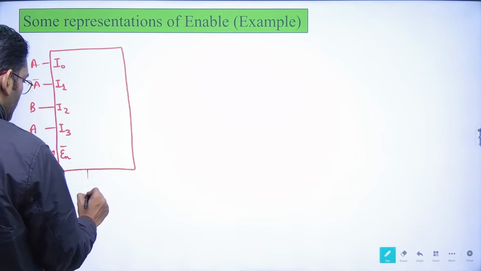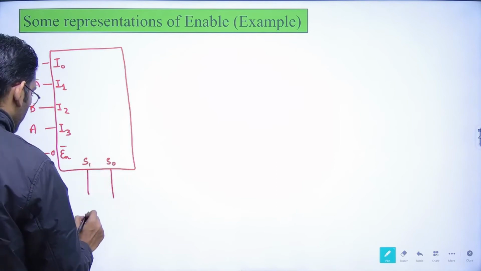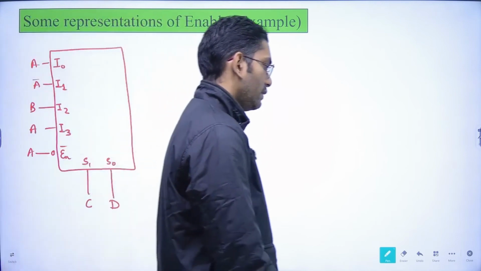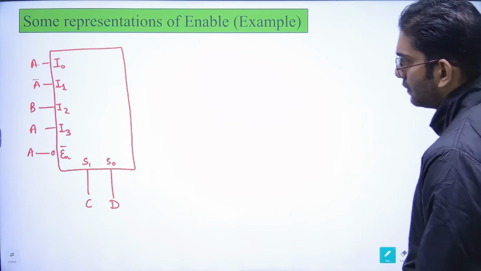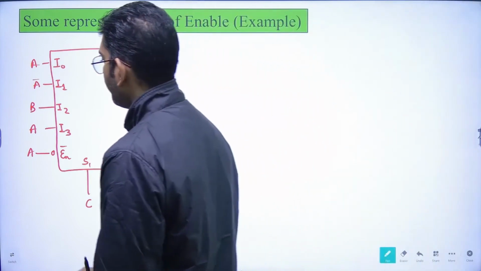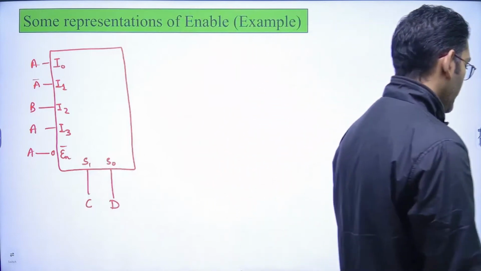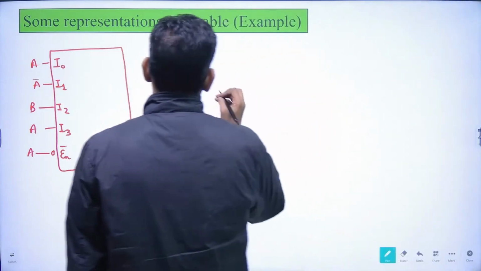Now it's not an S1. C and D are the select lines. So what we can observe from here is that in this particular example, this is basically a 4x1 MUX, and the enable present over here is the active low enable.